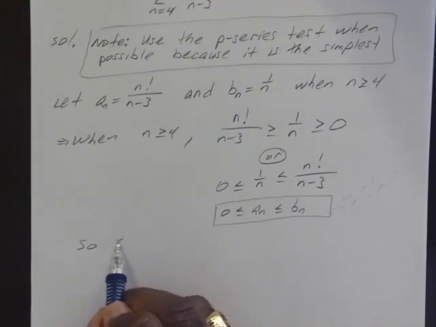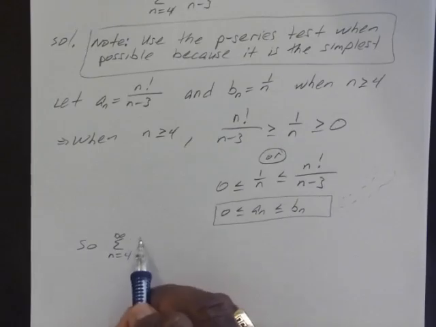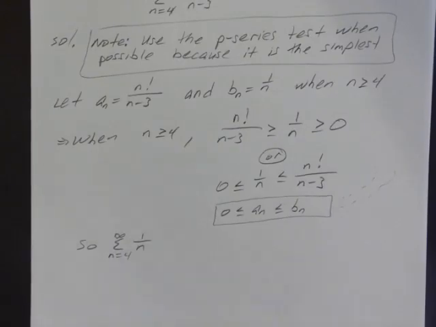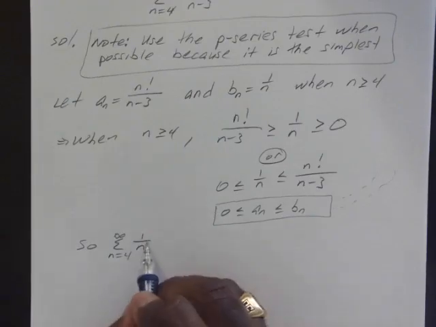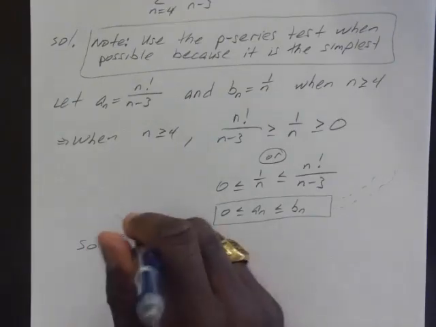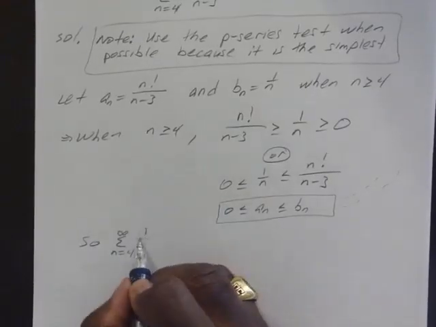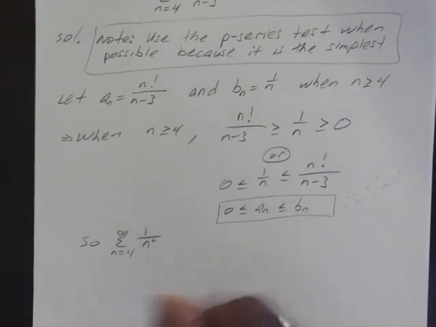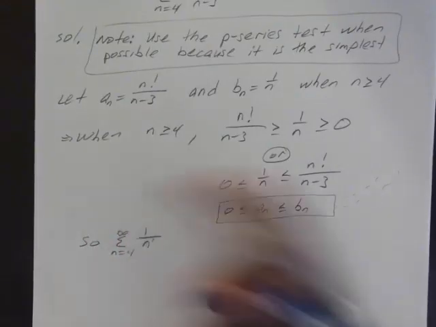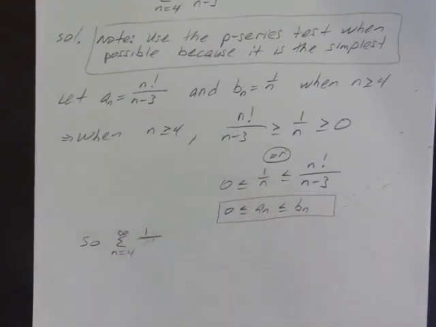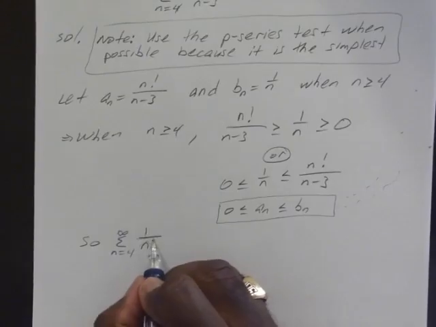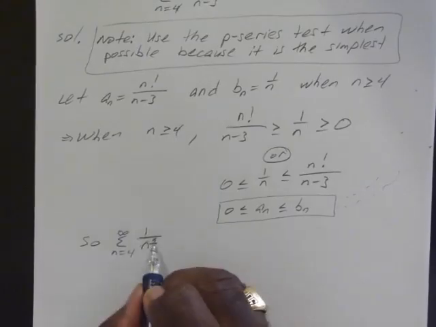So if we look at the sum from n equals 4 to infinity of 1 over n, remember that's just 1 over n to the first power. So we could rewrite that as 1 over n. Let me write that a little bit bigger.